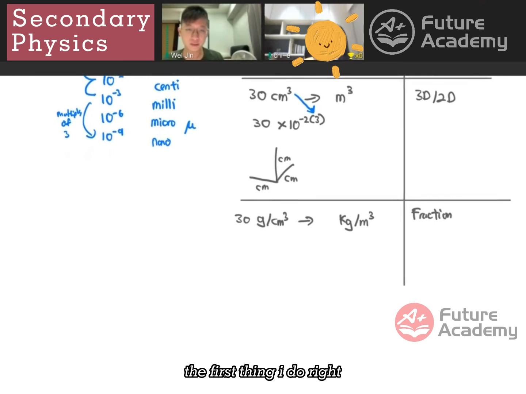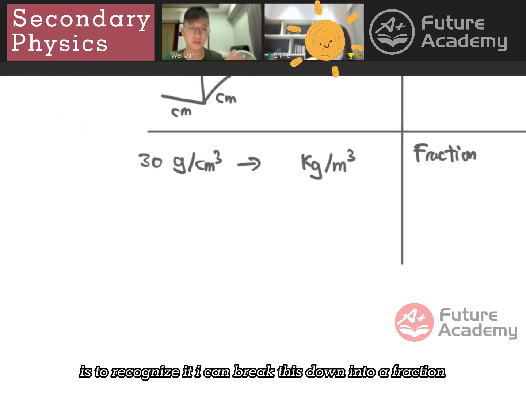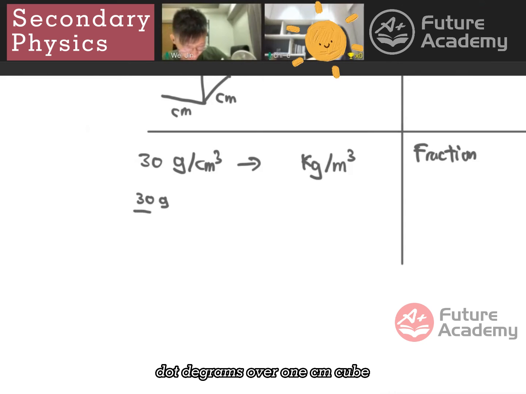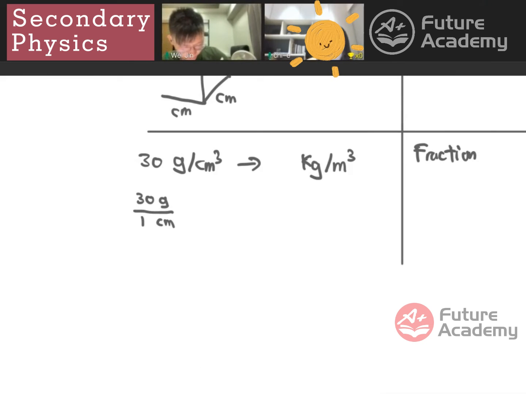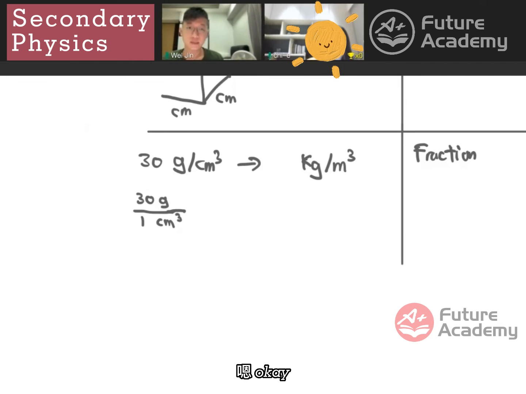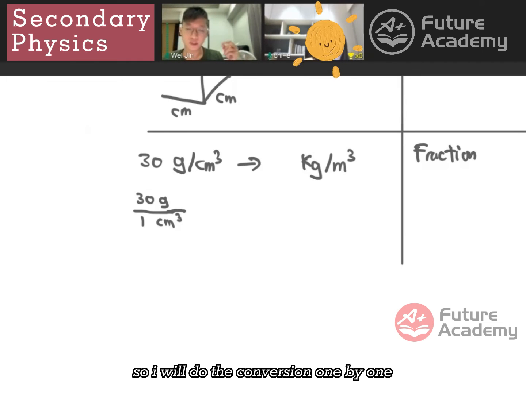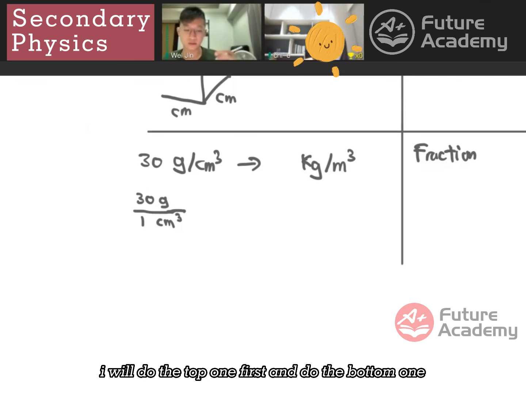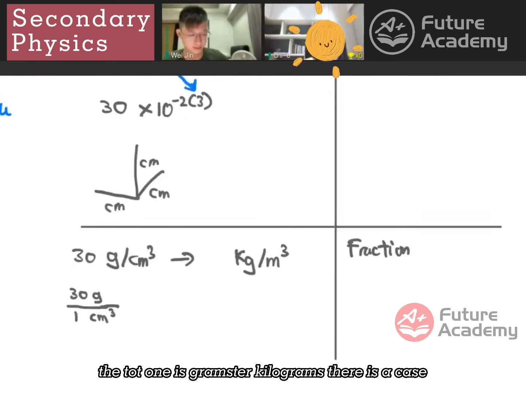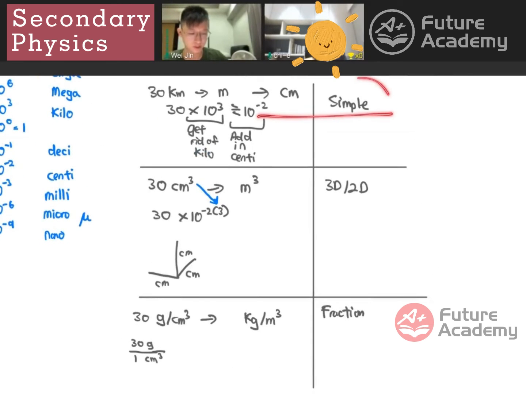The first thing to do is to recognize that I can break this down into a fraction. So I can first just write it as 30 grams over 1 cm cube. That is exactly the same as 30 grams per cm cube. I will do the conversion one by one. I'll do the top one first, then the bottom one. The top one is grams to kilograms. That is a case of simple conversion.